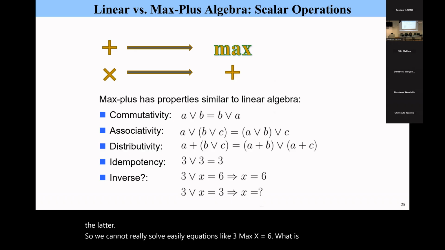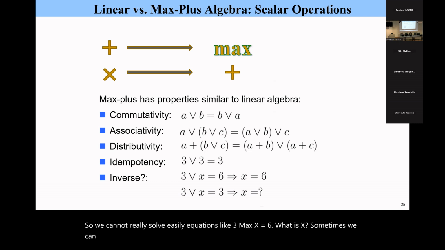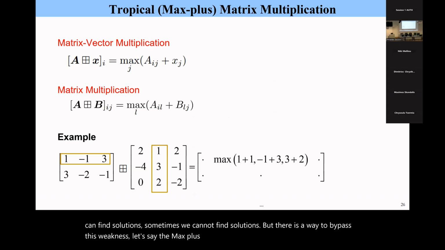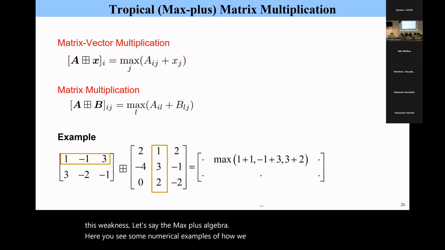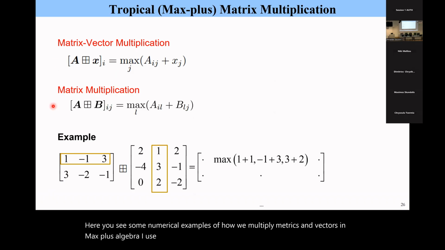Sometimes we can find solutions, sometimes we cannot find solutions. But there is a way to bypass this weakness, let's say, of the max-plus algebra. Here you see some numerical examples of how we multiply matrices and vectors in max-plus algebra. I use this symbol.